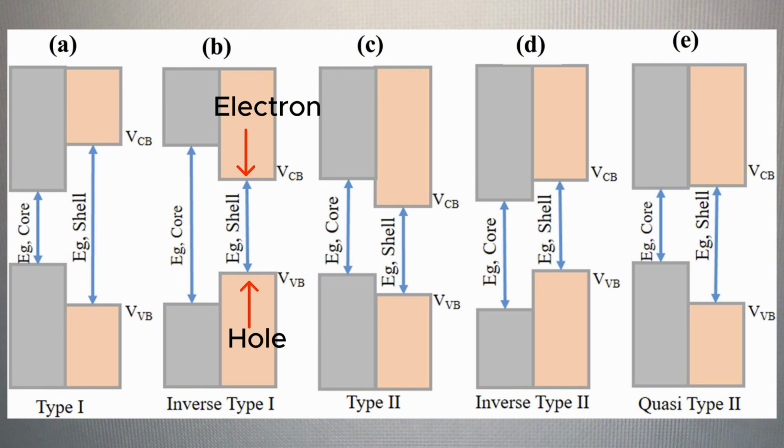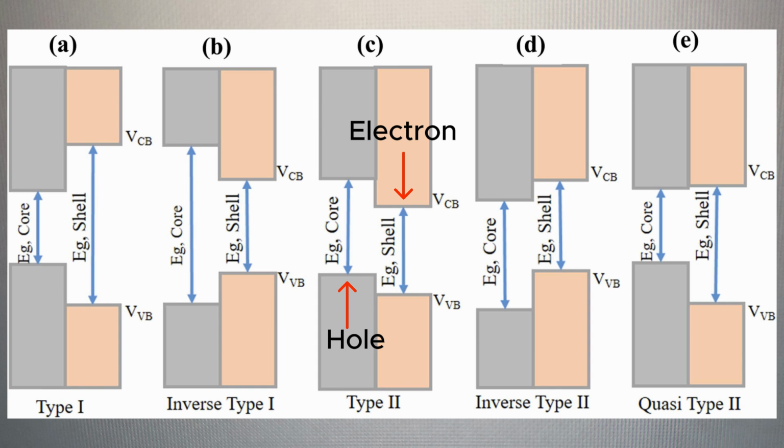Now let's move to the type 2 right here. So here, there's a slight difference. It's not so much about the gaps here, but where the energy of each band is, like the valence band versus the conduction band. So here in the type 2, the highest place that the hole can go is not in the shell, but in the core.